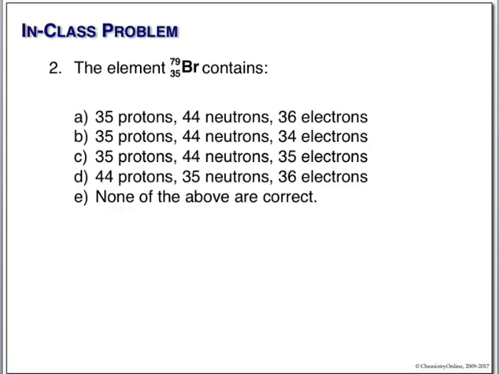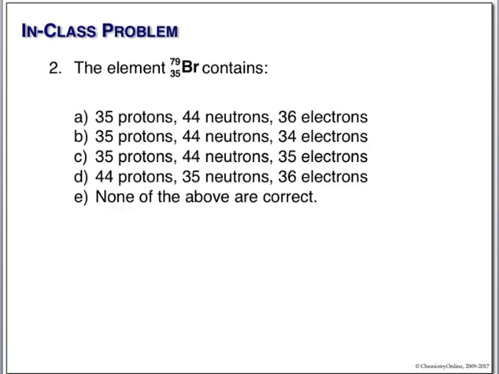So we're looking at A, B, or C, possibly E. But these guys are possible. Our mass number is 79. So how many neutrons do we have? Well, 35 of the 79 are protons. We must have how many? 44 neutrons.